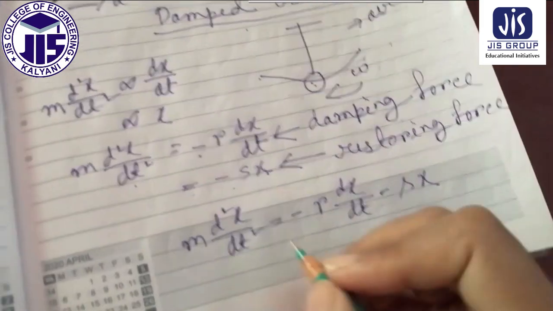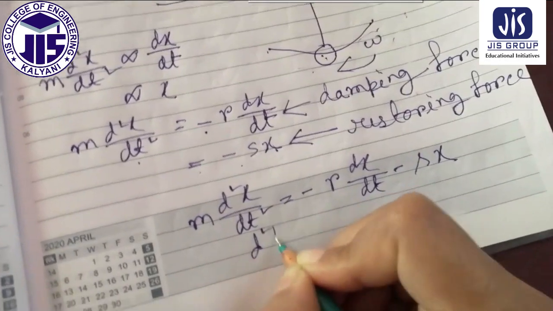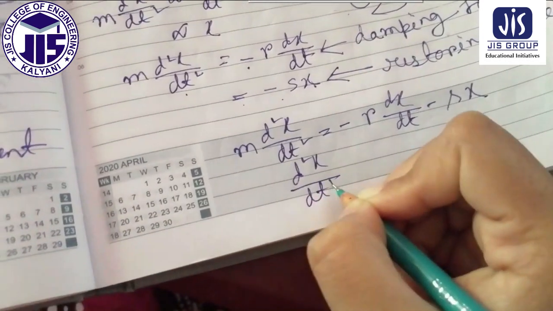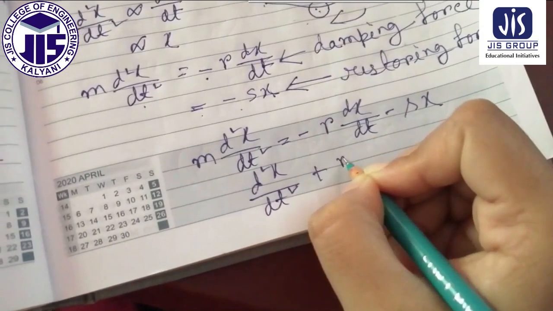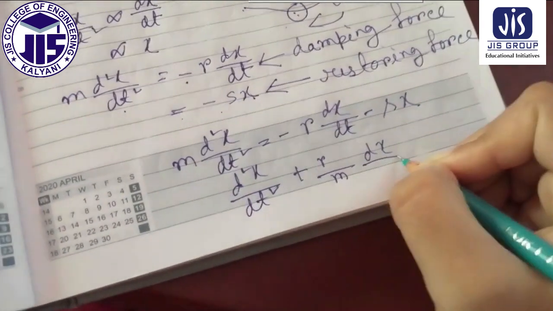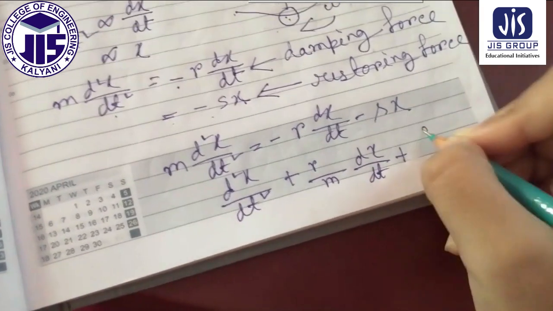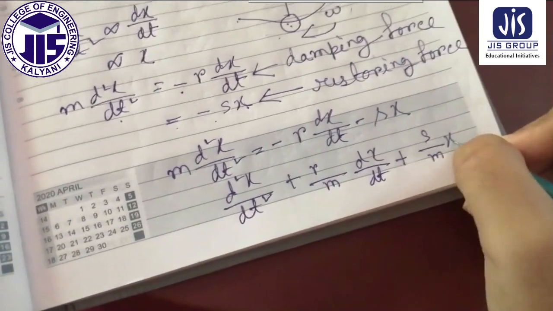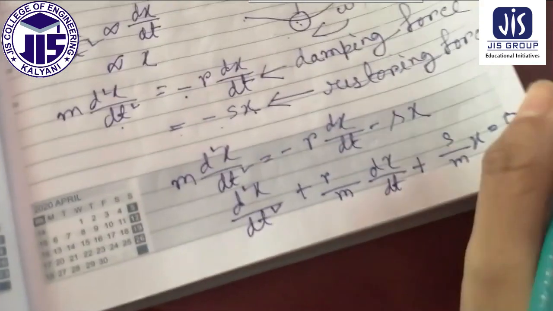From here we get d2x by dt square plus r by m into dx by dt plus s by m x is equal to 0.